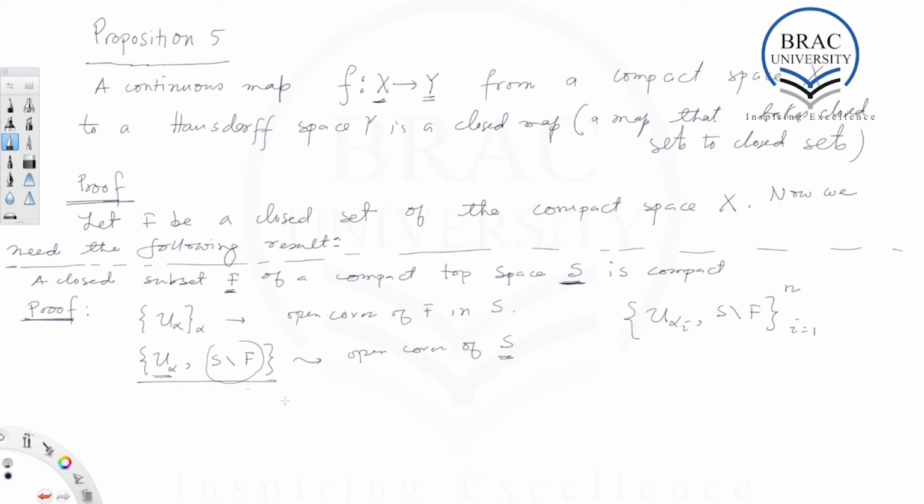Okay, so it means that S is contained in the union of all the sets U alpha i union S minus F. And you know that F is a closed subset of S, so that F is contained in S. Okay, so it implies that F is contained in this finite union.